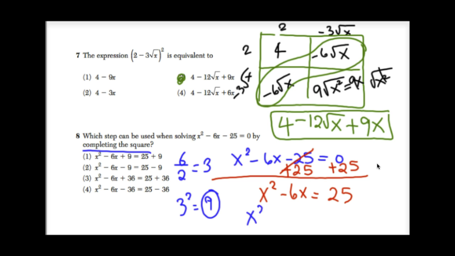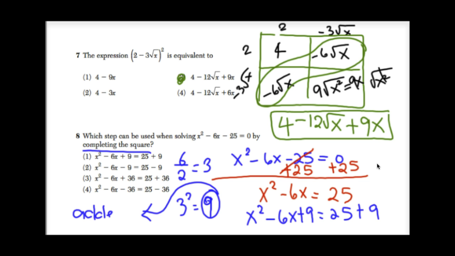So I ended up having x squared minus 6x plus 9 is equal to 25 plus 9. So again, just make a little note, this 9 gets added to both sides. And looking at this, it will be choice number 1.